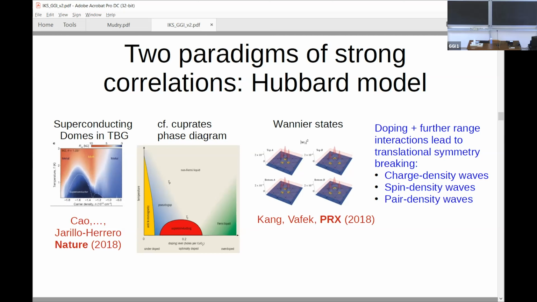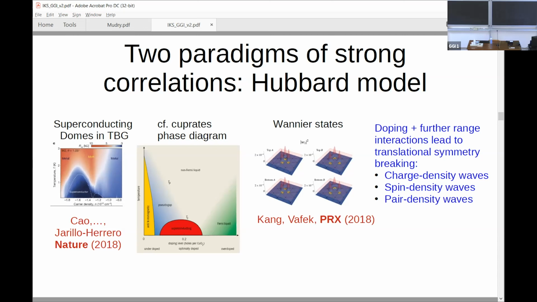This was because people thought about the analogy with the cuprate phase diagram, where you also have superconductors and insulators in close proximity as you change the doping. And so people thought that these two phase diagrams look rather similar, and so perhaps the nature of these insulating states is the same. It's also a Mott insulator as in the cuprates. I'll argue that that's not the case, but this was people's first guess.